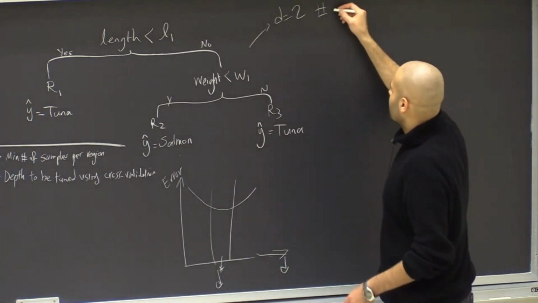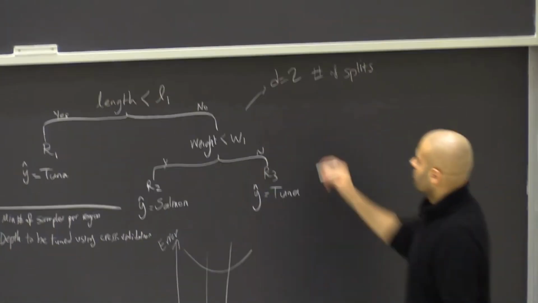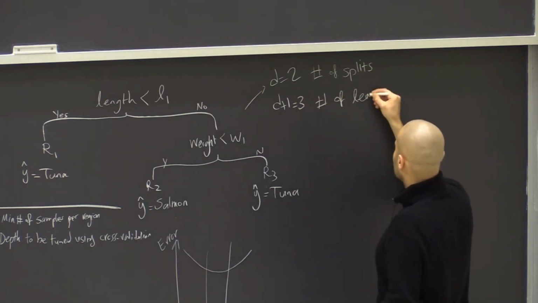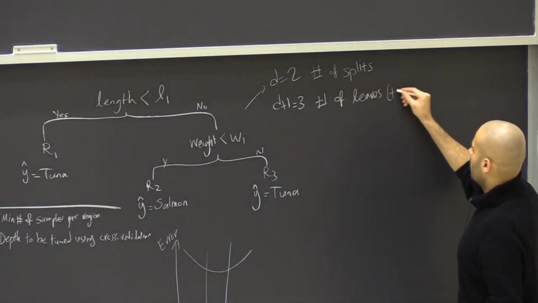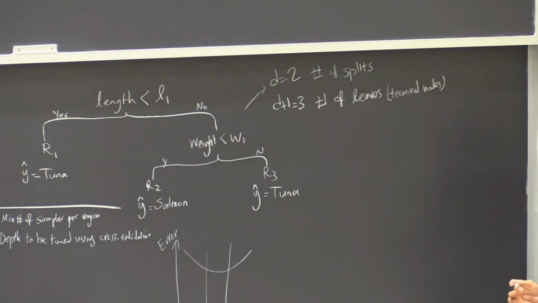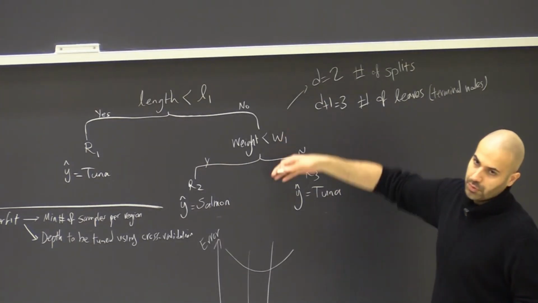So here, it's essentially the number of splits. And D plus 1, which is 3, would be the number of leaves. Leaves are the same thing as terminal nodes. So, some terminology: here we have 3 terminal nodes, and we have a depth of 2.